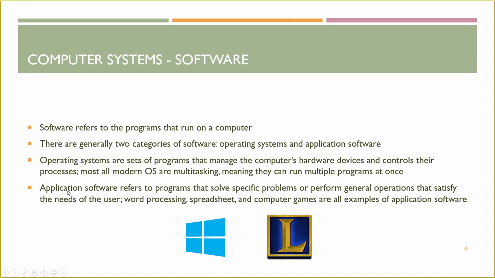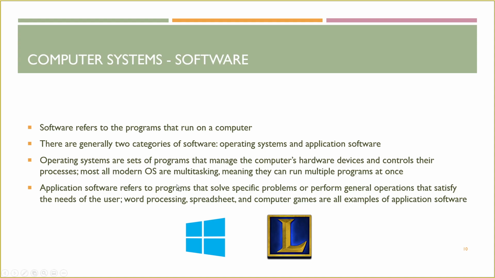Applications, on the other hand, are programs that solve specific problems or perform general operations that satisfy the needs of the user. Think about Microsoft Word. Microsoft Word is not controlling your CPU's fetch cycles. It's just letting you type stuff in and format it, right? That's an example of application software.